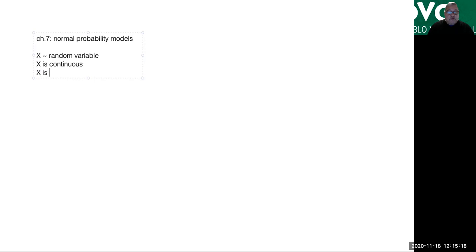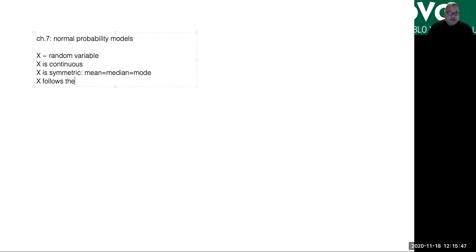X is also symmetric. So because it is symmetric, we know that the mean, the median, and the mode are all equal. And in addition to that, X follows a very specific relationship between the probabilities of the model and the values of the variable.